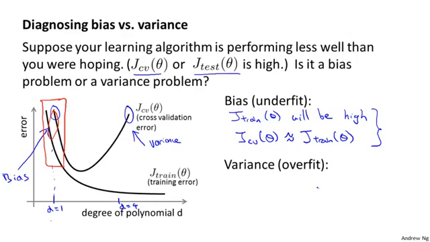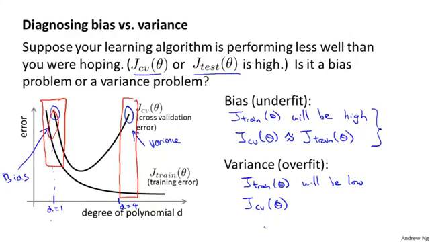In contrast, if your algorithm is suffering from high variance, then if you look here, we'll notice that J_train, that is the training error, is going to be low. That is, you're fitting the training set very well, whereas your cross-validation error, assuming that this is, say, the squared error which you're trying to minimize, will be much bigger than your training set error.